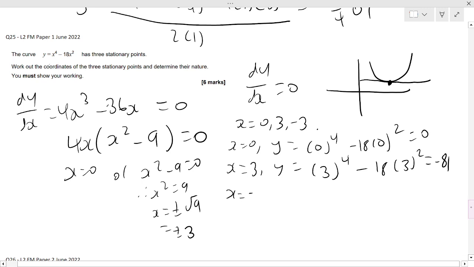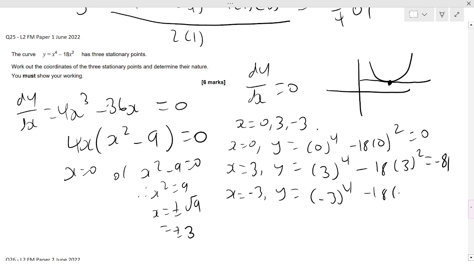Then when x is minus 3, y would be minus 3 to the 4 minus 18 of minus 3 squared. Now, actually, these are even powers. So actually, this is going to be the same as positive 3 here, which should still be minus 81, okay?